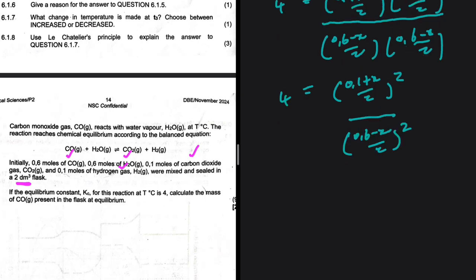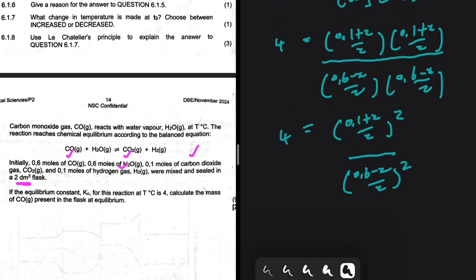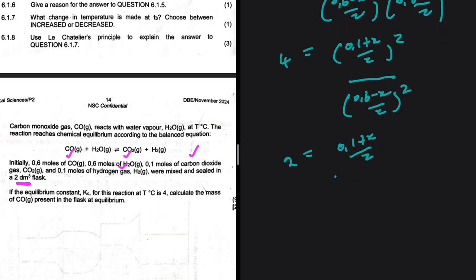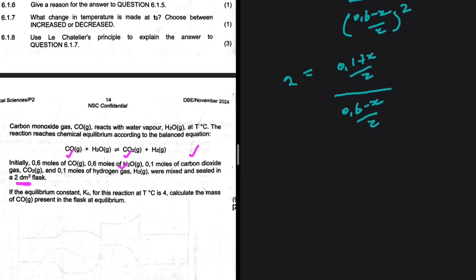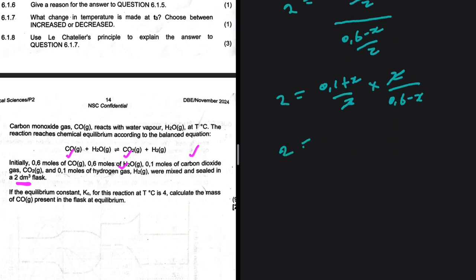We will have 2 is equal to 0.1 plus x over 2, everything divided by 0.6 minus x over 2. So 2 is equal to 0.1 plus x over 2 multiplied by 2 over 0.6 minus x. 2 and 2 cancel out. 2 is equal to 0.1 plus x over 0.6 minus x.